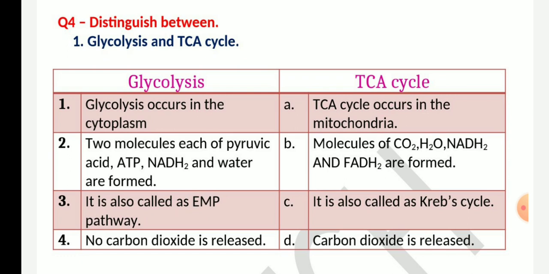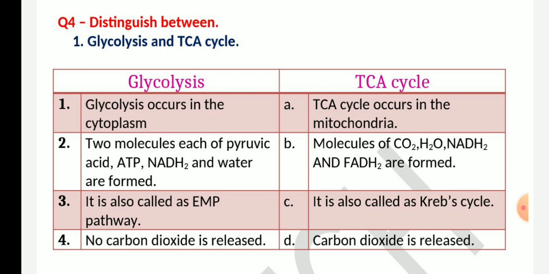Distinguish between glycolysis and TCA cycle. First point, glycolysis occurs in the cytoplasm, whereas TCA occurs in the mitochondria. Two molecules of pyruvic acid, ATP, NADH2 and water are formed in glycolysis, and in the TCA cycle molecules of CO2, H2O, NADH2 and FADH2 are formed.